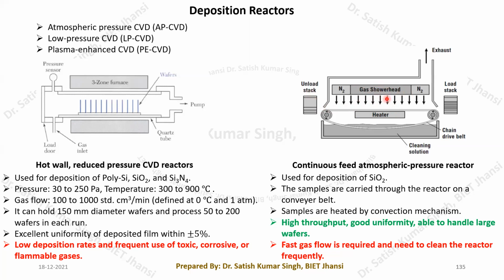And you remember that while showering the actual gas content that will be used for deposition of the particular layer, we have to use a very high gas flow of nitrogen. It will be used as a curtain at both the sides, so that these gases will not go outside. They will be confined only within this wafer region.